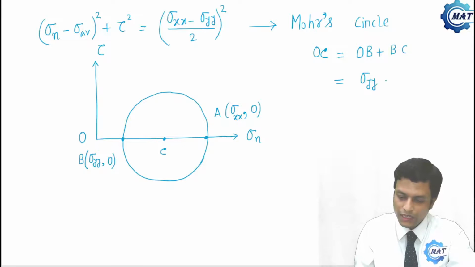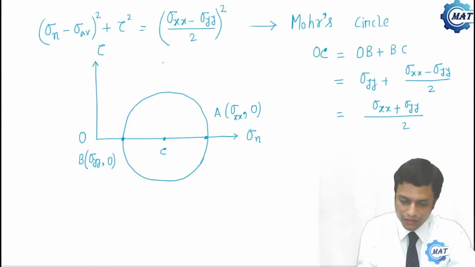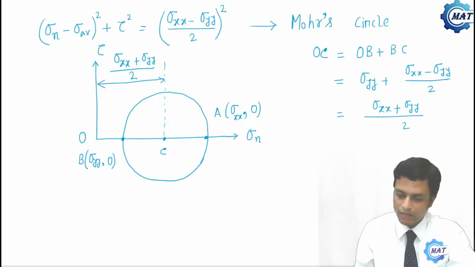B to C is sigma XX minus sigma YY by 2. So the center becomes sigma XX plus sigma YY by 2, that is nothing but sigma average.